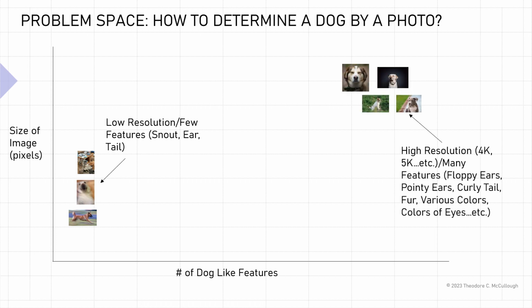Whereas in the upper right part of this space, we're going to have high resolution images where you can make out many features such as floppy ears, pointy ears, curly tails, fur, or various colors of eyes, for example. Because of the various permutations and combinations of potential features of images, this is going to be a stochastic space, and hence we're going to need a probabilistic strategy to solve whether or not a photo is of a dog or not.